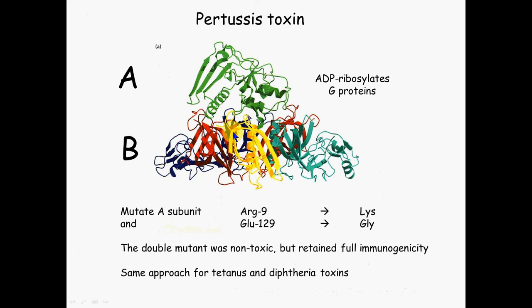We're not going to go into what it does, but you can see it's a lot like cholera toxin. Anyway, the point is that in the A subunit, two mutations are used. You can change a particular arginine to lysine and a particular glutamate to glycine, and that toxin is catalytically dead.